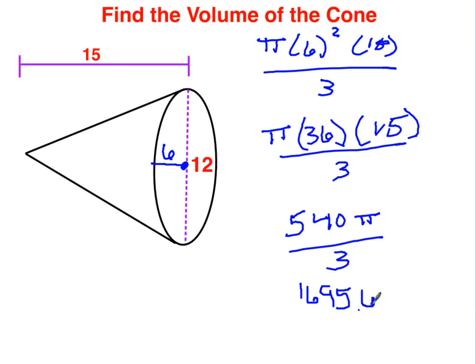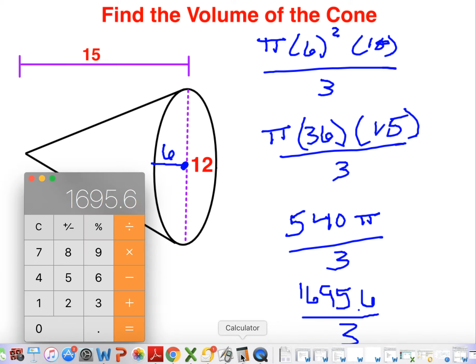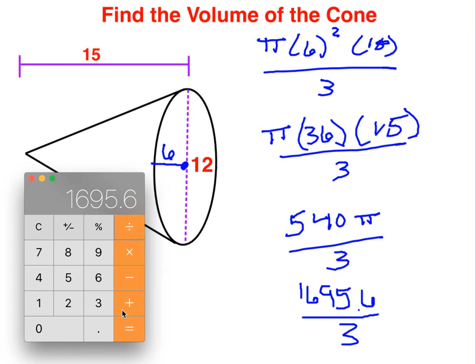And I still have to divide this number by 3. And this is going to give me my volume of this particular cone. So let's go ahead and do that. 1,695.6 divided by 3.